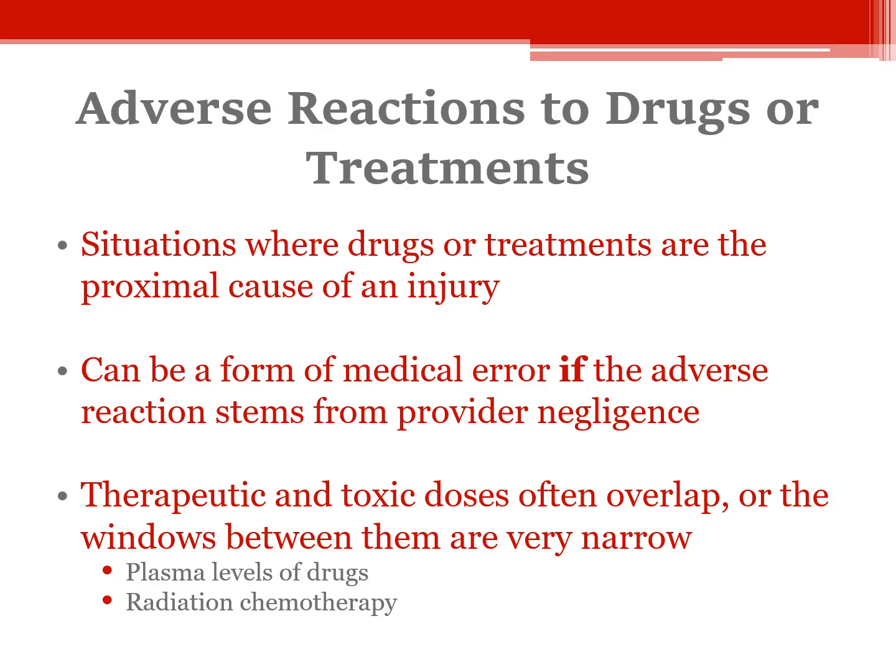That window can often be very narrow. And we're talking about things like radiation used for chemotherapy, where you have radiation to kill a cancer cell. Well, as you get higher doses of radiation, you get more and more normal cells killed as well, and you increase the potential for iatrogenic injuries, where healthy tissues are also killed.